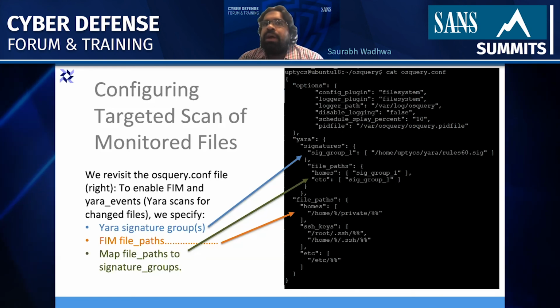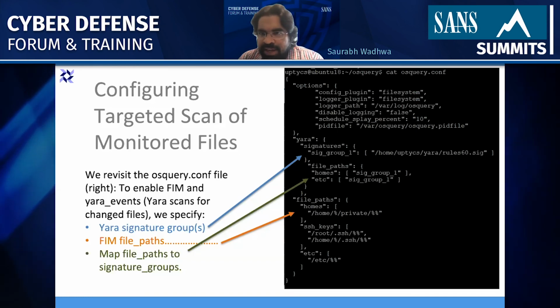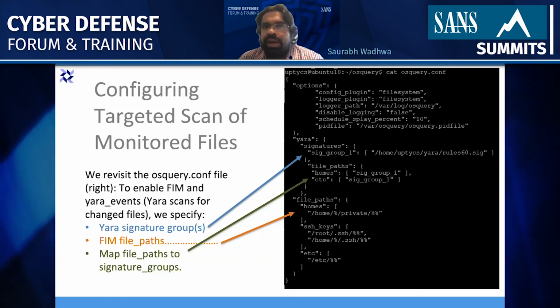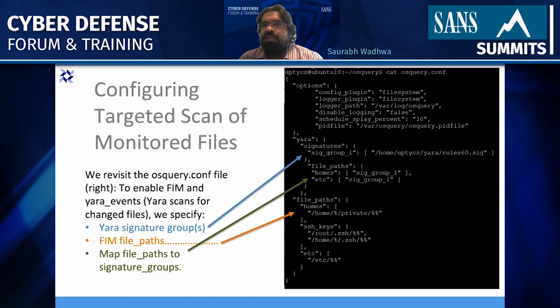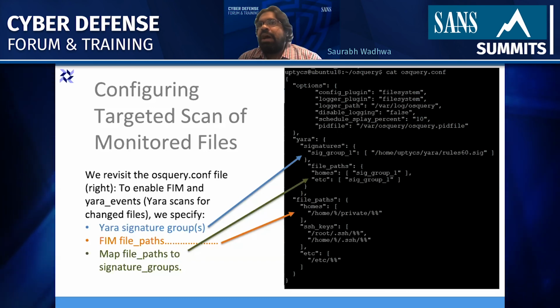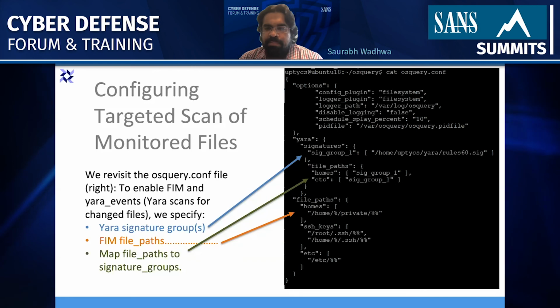If someone went in, deleted something or made a change in one of the files inside the etc directory, then the YARA scan will run, and if there is a match, it means a malware is installed and it's doing something malicious.